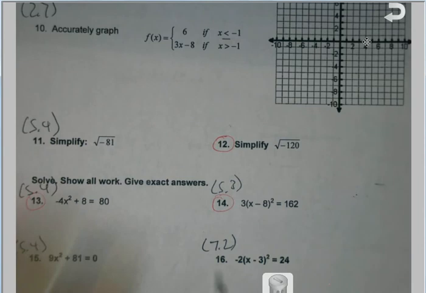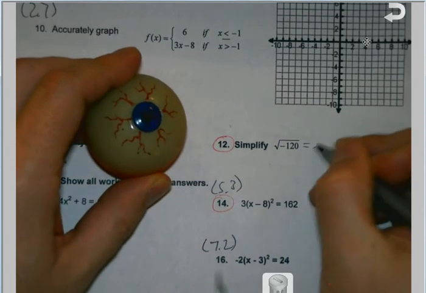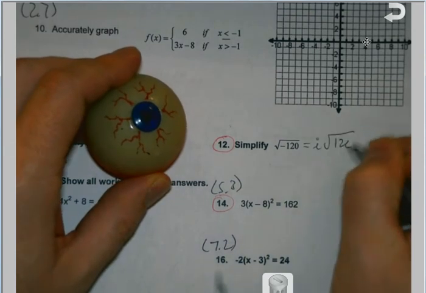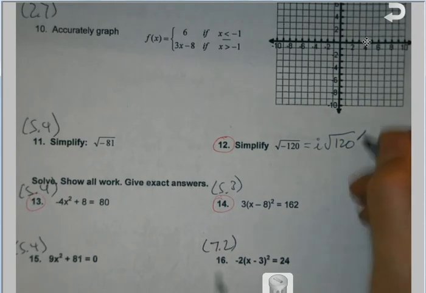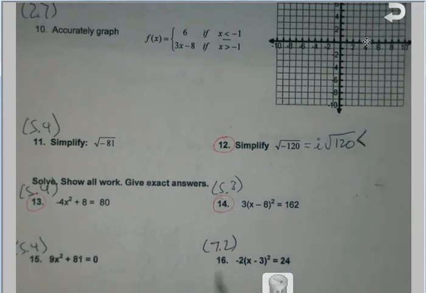Let's see. I can start by taking an i out. Once I take an i out, now I've got to go back and figure out a way of breaking down this 120 because it's not a perfect square. I have some options. I could start playing with perfect squares and dividing them in on the calculator.